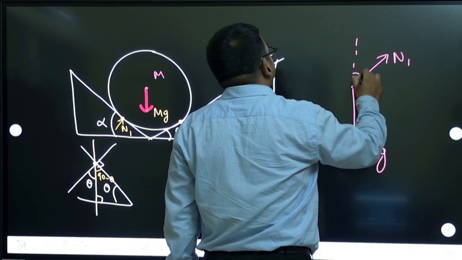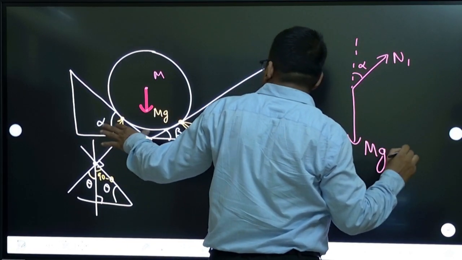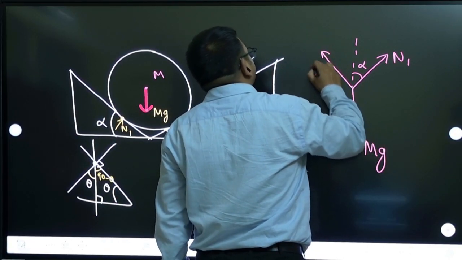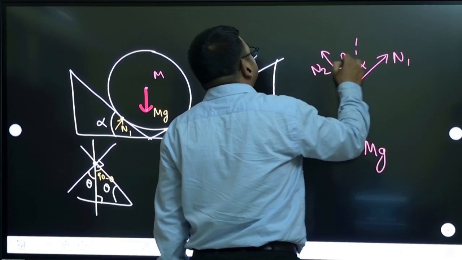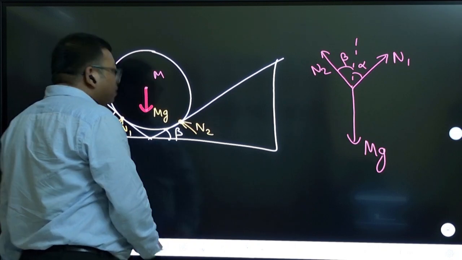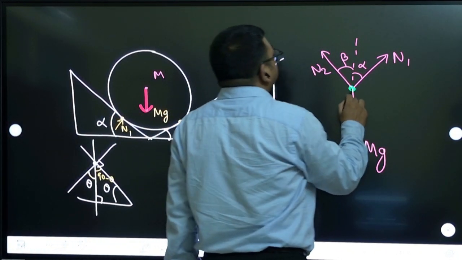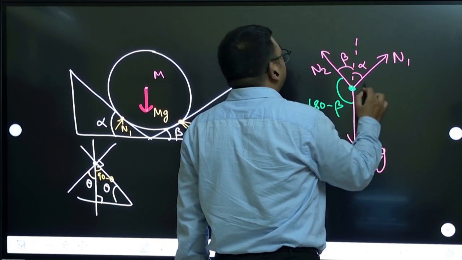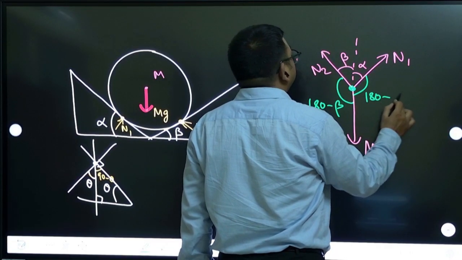Remember, the normal will make angle alpha with this, because this is making angle alpha. Similarly, this normal N2 will make the same angle beta like this. So now if this is in equilibrium, I can apply Lami's theorem. So this angle becomes 180 minus beta and this angle becomes 180 minus alpha.